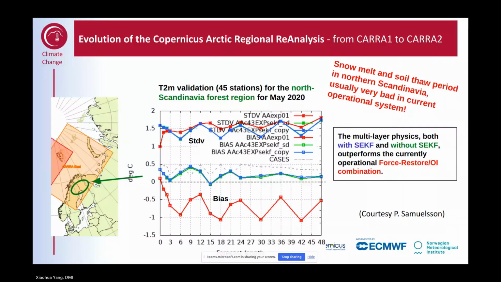We suffer, as shown by these bias figures, huge biases traditionally in the surface temperatures and the soil lower level temperatures, and now, thanks to these new schemes, it is improving quite a lot.